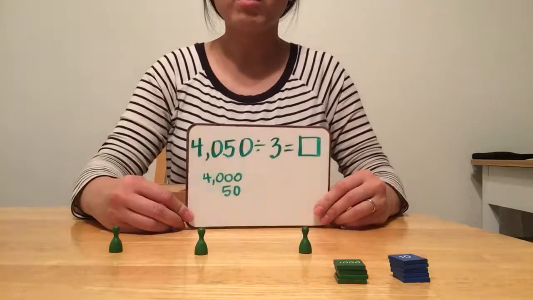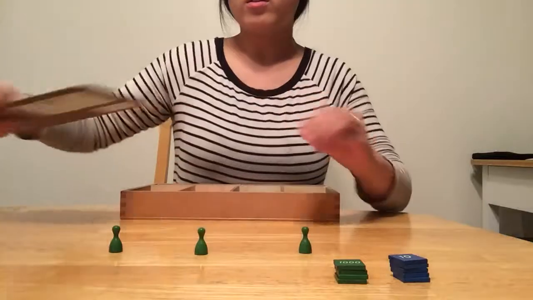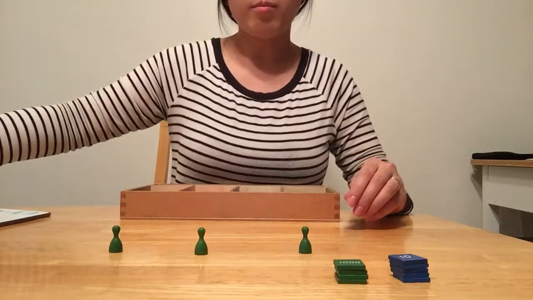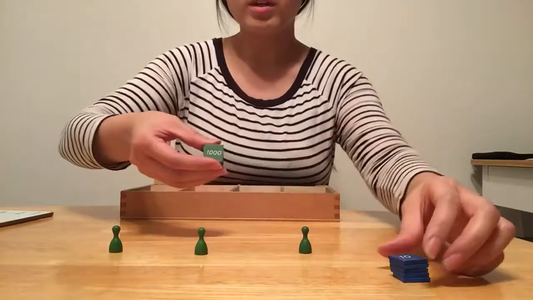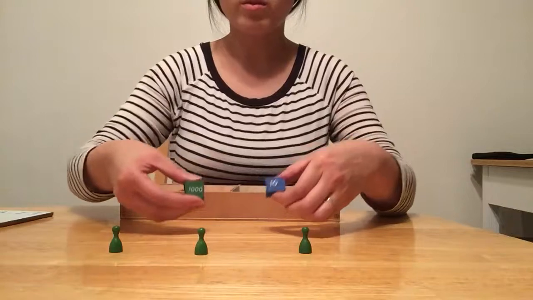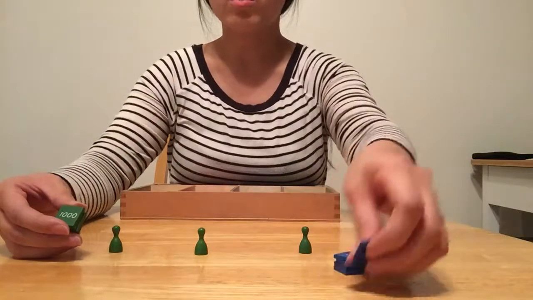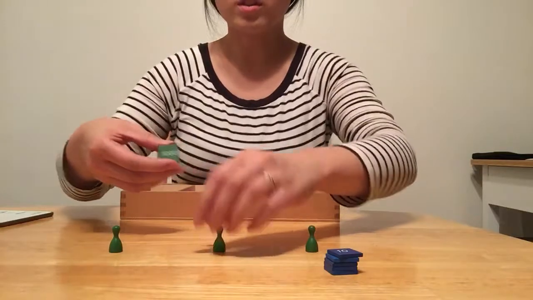If you don't know, division means to distribute out evenly. So with that being said, that means that I need to distribute out my thousands and my tens evenly between my 3 groups that I have out. You always want to start out with your biggest number, which are your thousands.